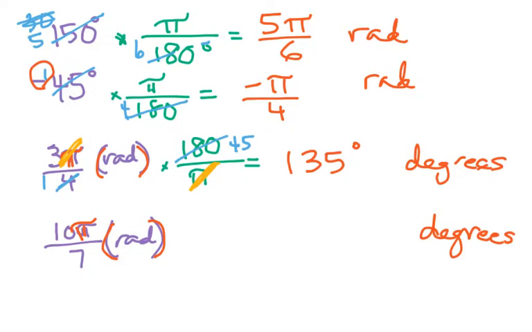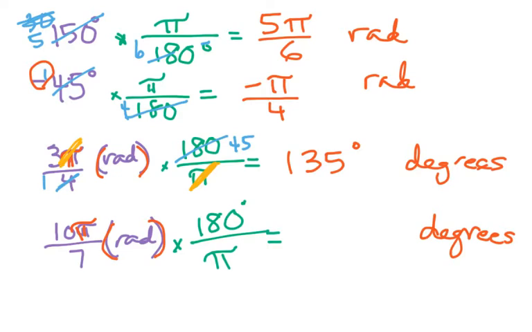Last example, I have radians. I want to make them go away, so pi goes on the bottom, 180 degrees goes on the top. Boy, there's nothing divisible here, so I'm just going to have to do it straight across.